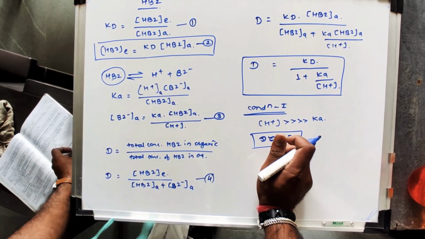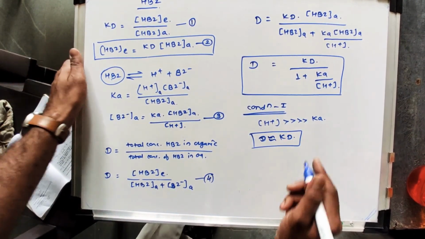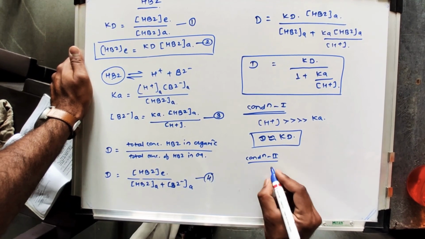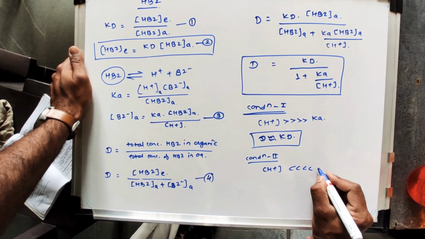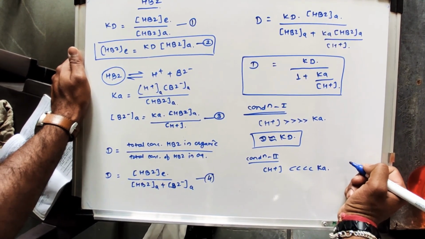Condition second: suppose the concentration of H plus is far less than Ka.